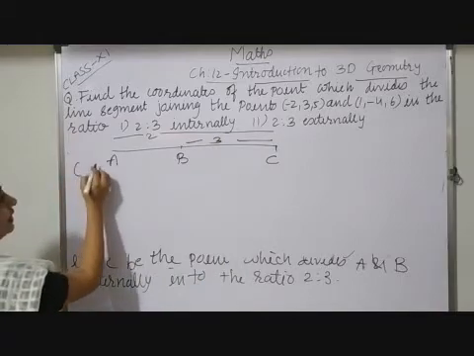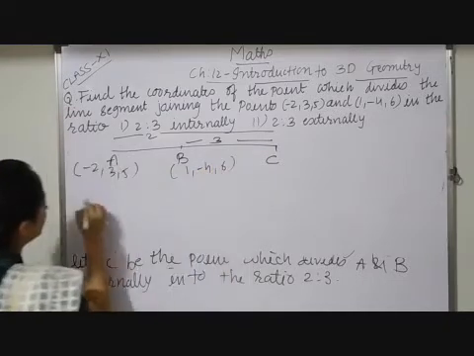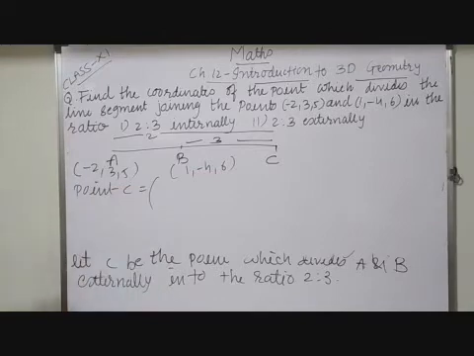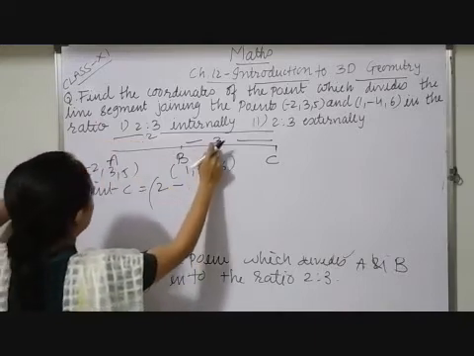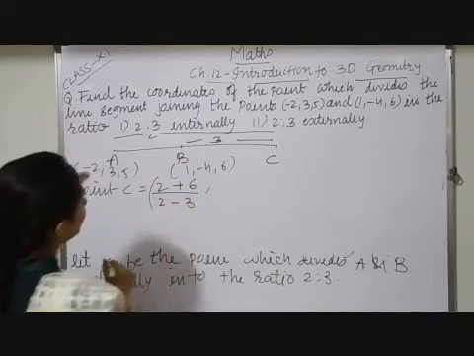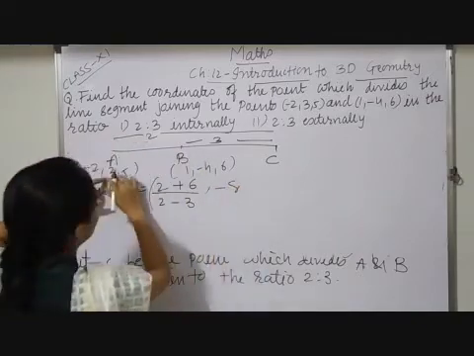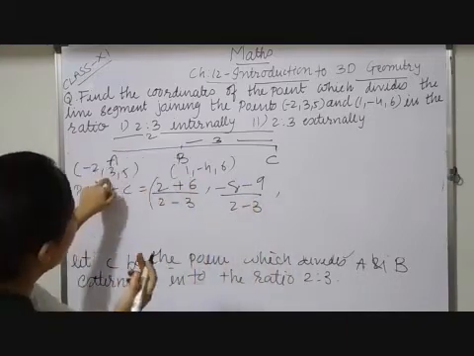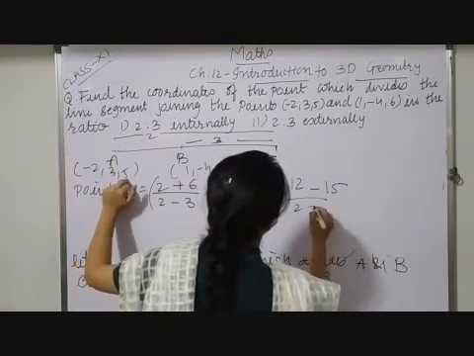Now the coordinates of A are (-2, 3, 5) and B are (1, -4, 6). So point C is equal to the same thing but with the negative sign. 2 ones are 2, minus of this, 2 threes are 6, so minus becomes plus, upon 2 minus 3. Comma, here also cross multiplication, -8 minus 9 upon 2 minus 3, comma, 6 twos are 12 minus 15 upon 2 minus 3.